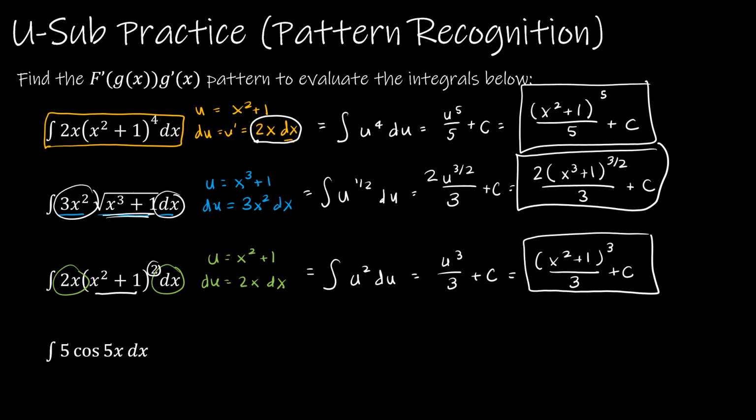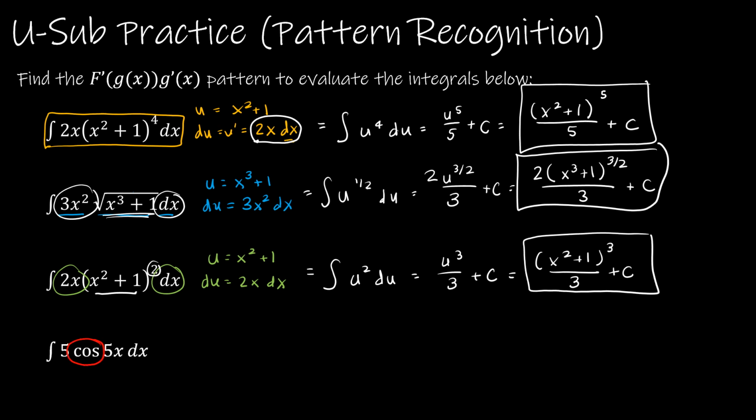The last one. I'm trying to find a different color, but we're striking out here. The last one, a lot of students really struggle with the trig functions because they try to determine, should the trig function be u or should something else be u? So here's an easy way to look at it.